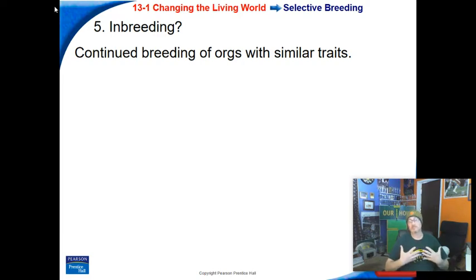It's particularly dangerous in humans because if you are carrying a recessive allele for a genetic disorder, we'll get into this in chapter 14, and you are mating with a family member, the possibility that they are also carrying that recessive allele is higher than if you are mating with somebody out of the family. You are more likely to get both recessive alleles together in your offspring, and most genetic disorders in humans are recessive.